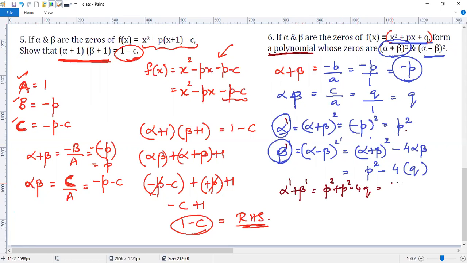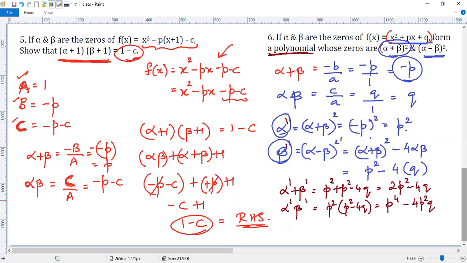What will we get? 2p squared minus 4q. Then alpha dash into beta dash. What will you get here? You have to multiply these two things. Correct? What is alpha dash? P squared. I have to multiply it with p squared minus 4q. What do we get? P power 4 minus 4p squared q.